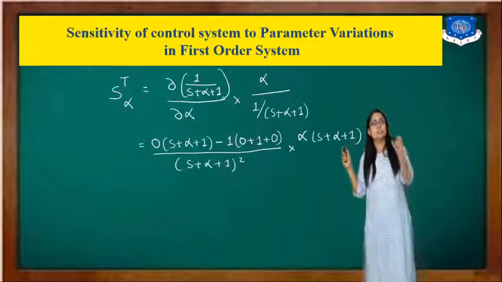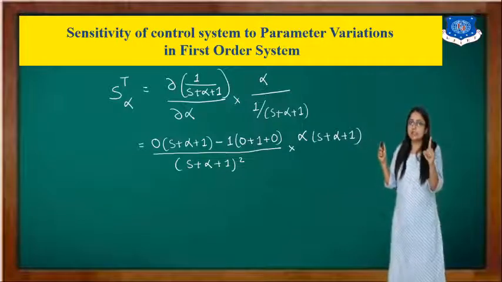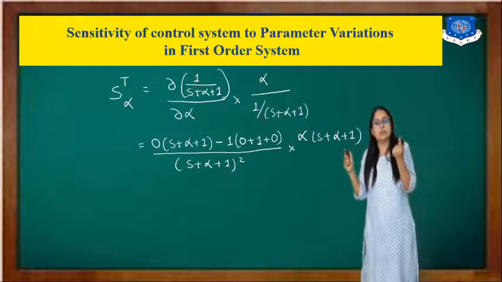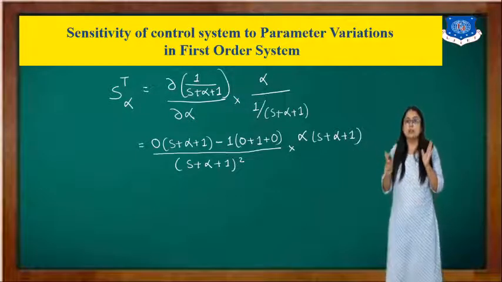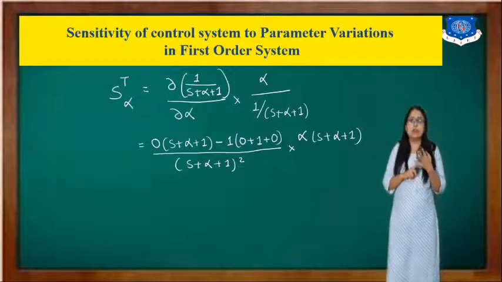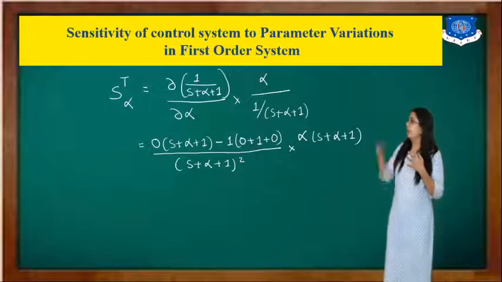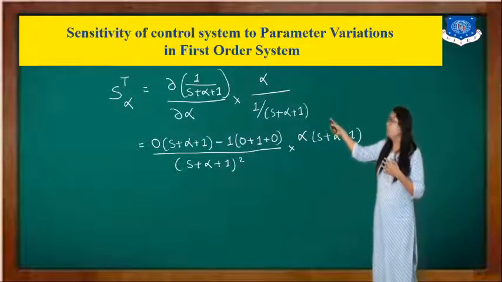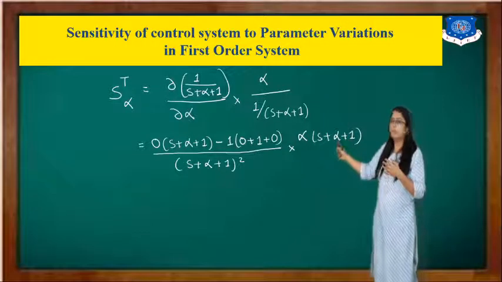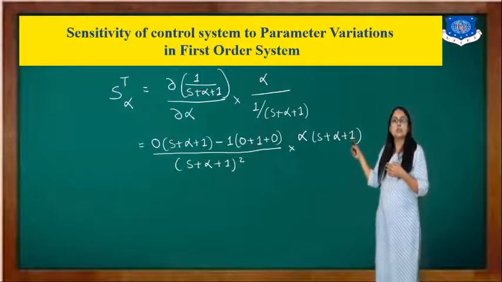The differentiation of S is 0, alpha is 1 and 1 is 0. So we get only 1 upon the denominator squared, (S plus alpha plus 1) whole squared, and here alpha, then this term goes here: S plus alpha plus 1.